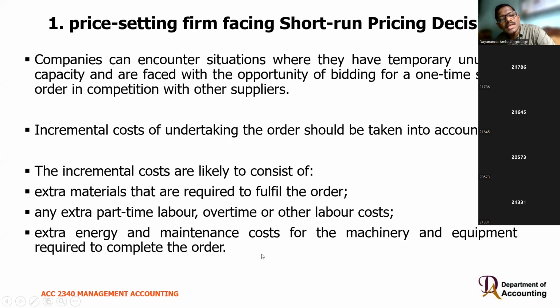So here, we will consider the incremental cost for undertaking an order. What is important is extra material required, extra labor required, or any other maintenance or production overheads. Based on that, we do the pricing.